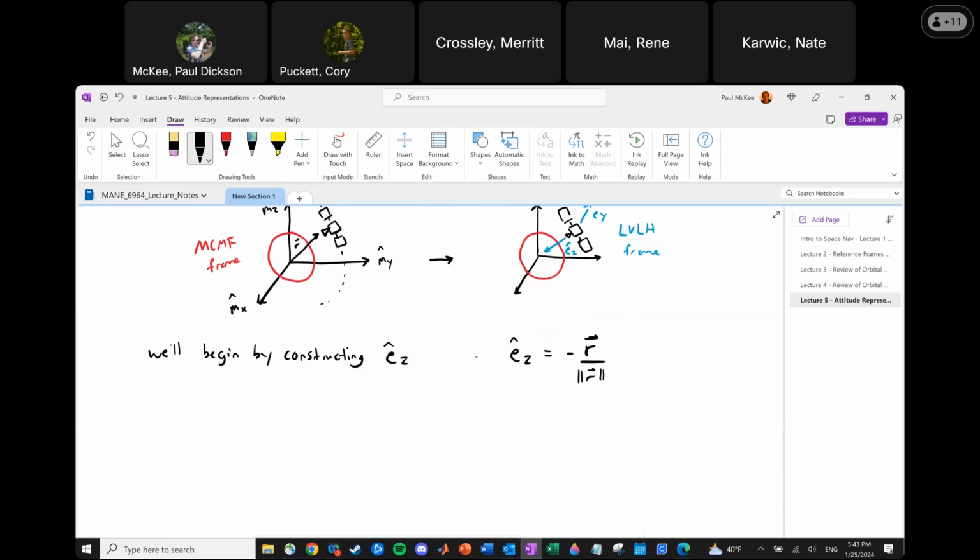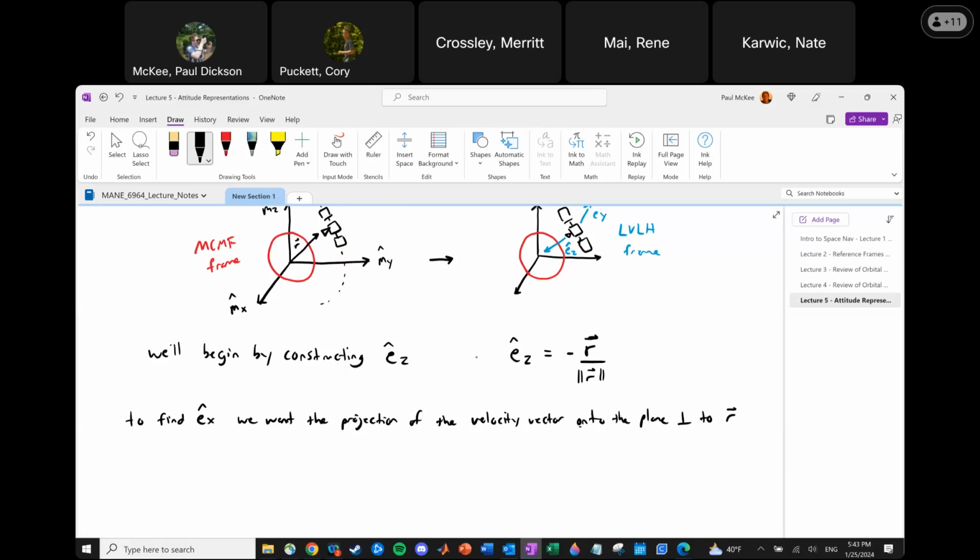So to find EX, we want the projection of the velocity vector onto the plane, I'm running out of space, perpendicular to the position vector.